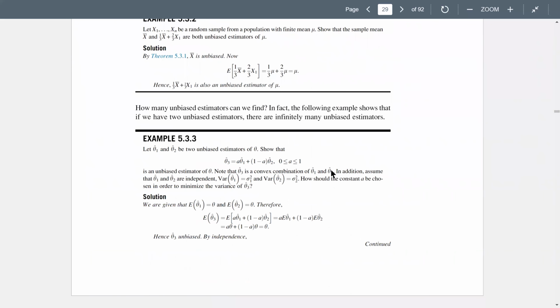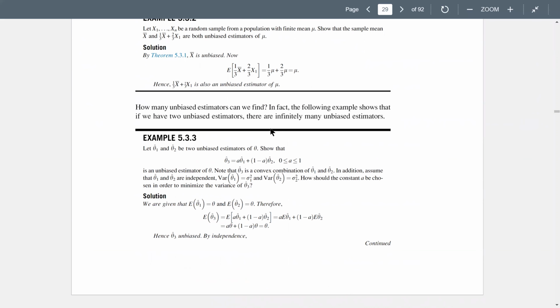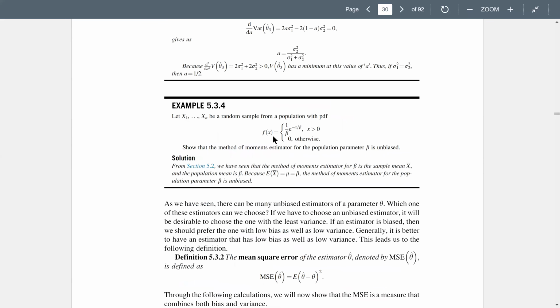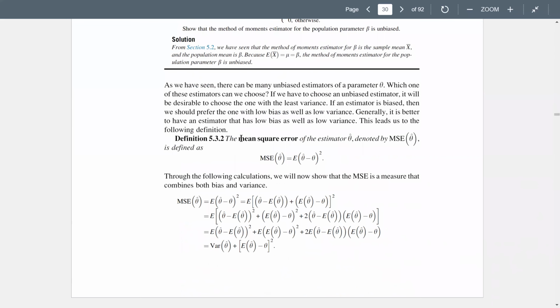However, almost done with this one. However, an unbiased estimator doesn't make it the best. So we need another criterion, which is minimum variance. That brings us to the definition of mean square error as another criterion for filtering out the useless unbiased estimators.